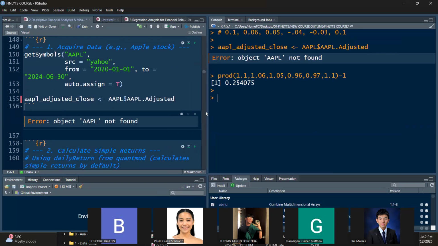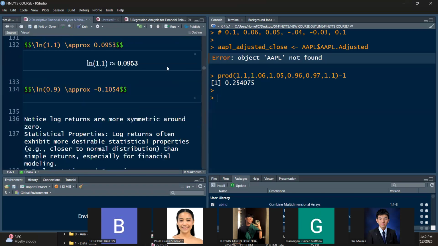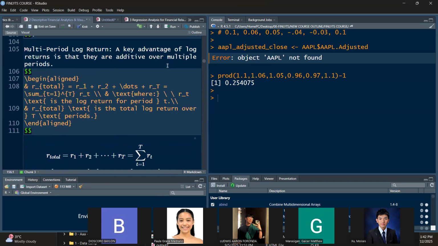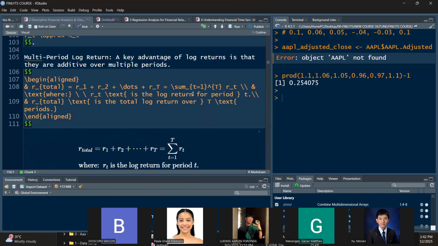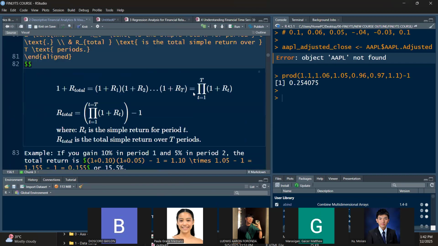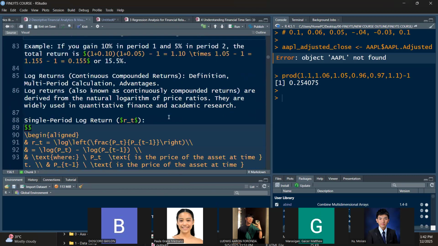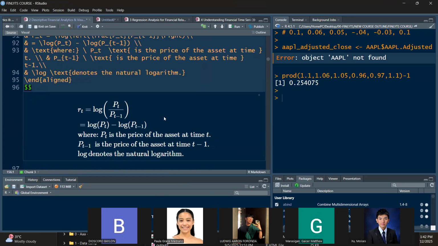Now let's continue. Let's just finish the concepts here. On the other hand, class, if we were working on a log return, the formula is r sub t is equal to log of the price at time t over price at time t minus 1.